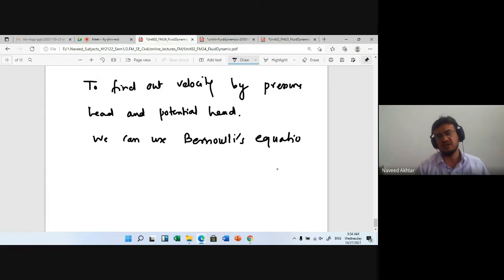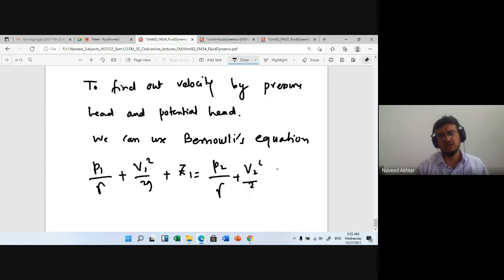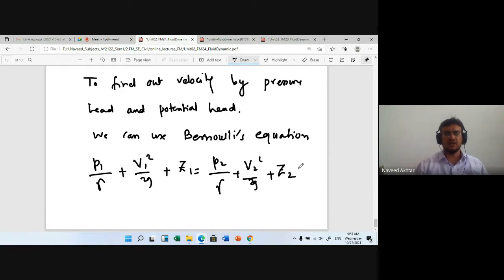You know Bernoulli's equation: P1 upon gamma plus V1 square upon 2g plus Z1 is equal to P2 upon gamma plus V2 square by 2g plus Z2. If head loss is there, then there is HL also.